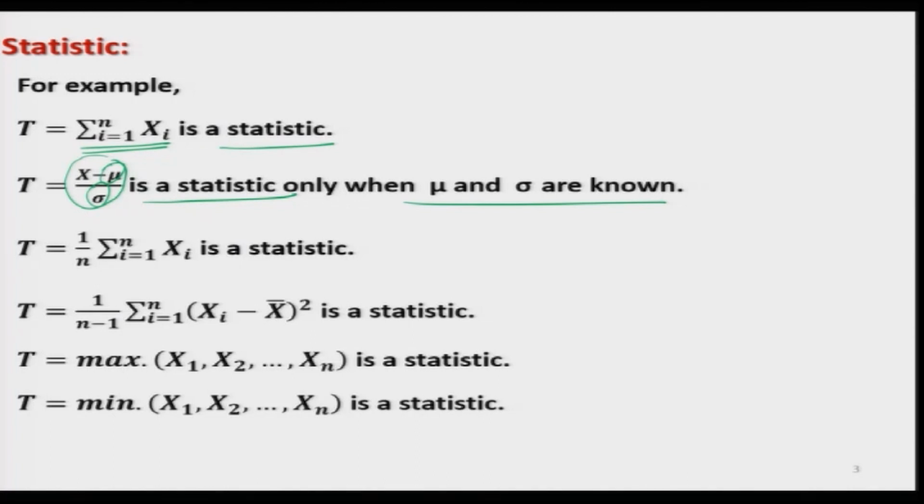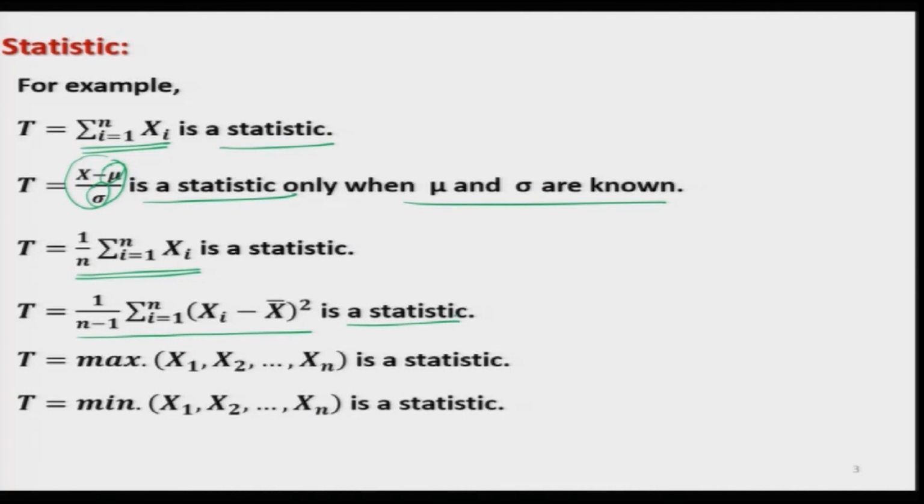Similarly, the sample mean, 1 upon n summation of xi, i from 1 to n, is also a statistic. The sample variance, 1 upon n minus 1 summation of (xi minus x bar) whole square, i from 1 to n, is also a statistic.